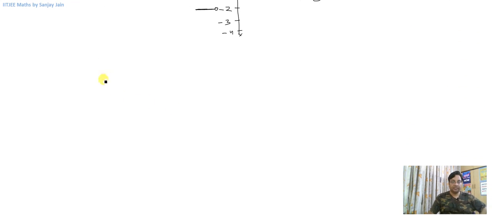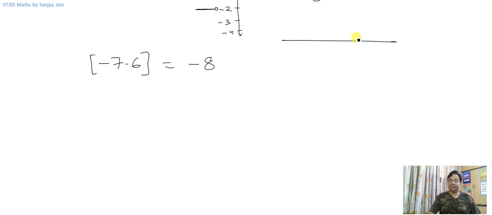Okay, let me check. If I write, let us say, box of minus 7.6, what will be the result? Right, tell me what will be the result? Minus 8. Why? Because let us say this is minus 8, this is minus 7, minus 7.6 will be somewhere here. So you will look at the left of minus 7.6, right?